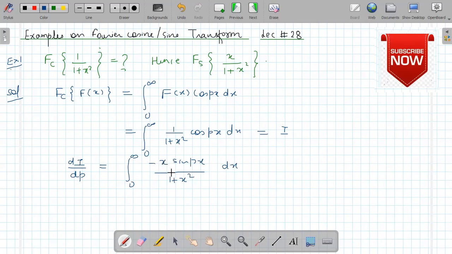We now multiply and divide this whole by x so that we have x square in the numerator. Now add and subtract 1.